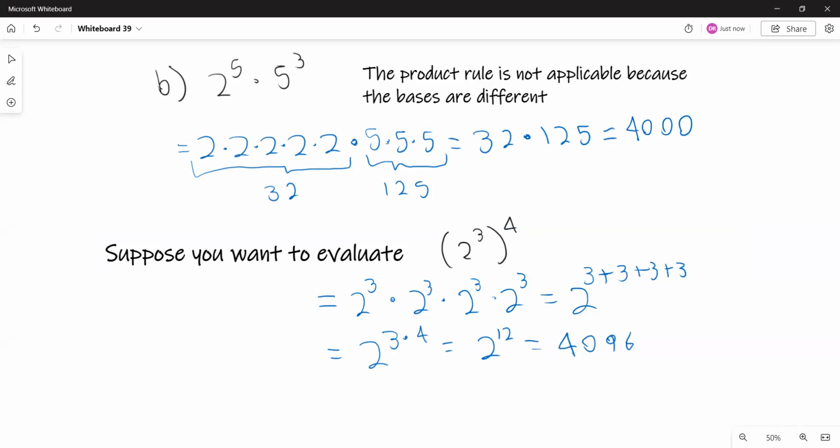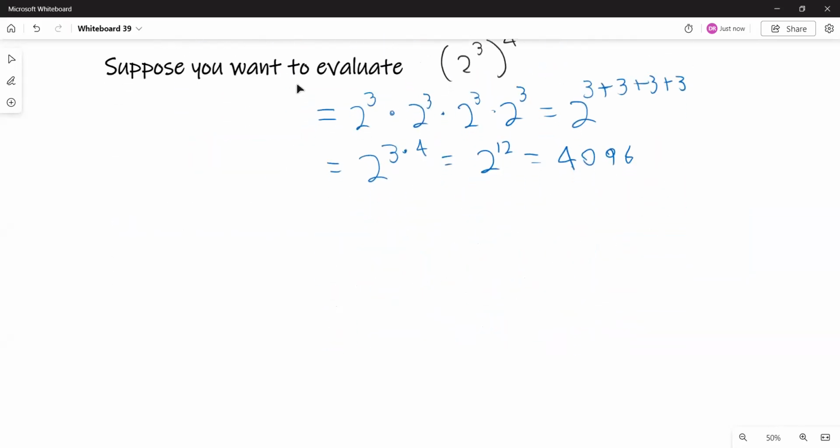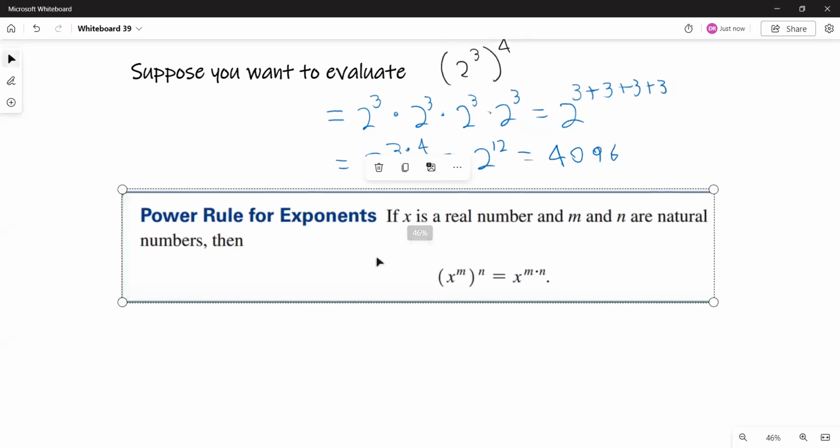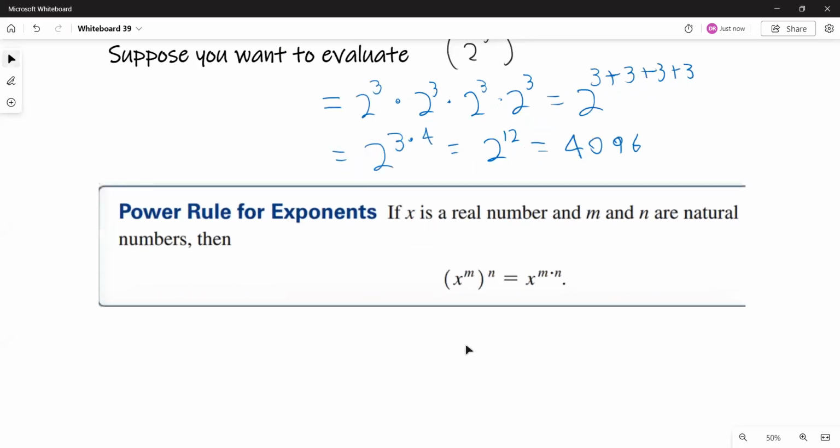So here's the power rule for exponents. We did the product rule. The next rule is the power rule, on page 283.